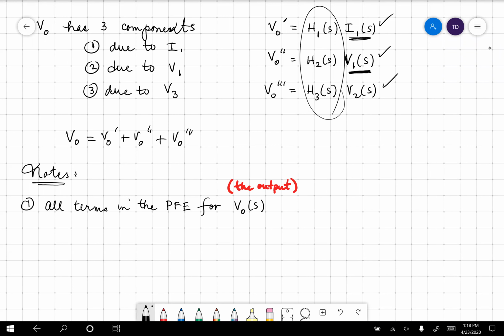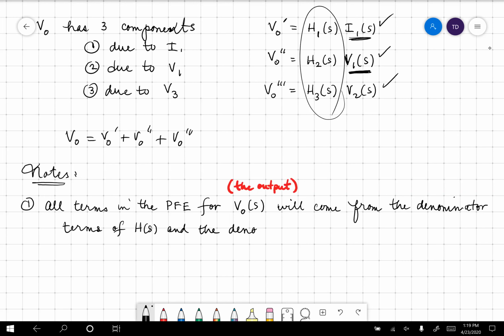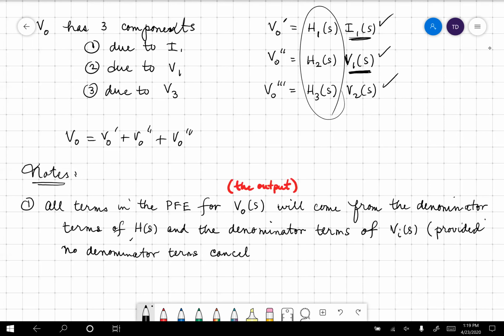All terms in the partial fraction expansion, obviously, are going to come from the denominator terms of H of S and the denominator terms of VI of S, provided, what we've seen already, provided that there's no cancellation, provided no denominator terms cancel with a numerator term.